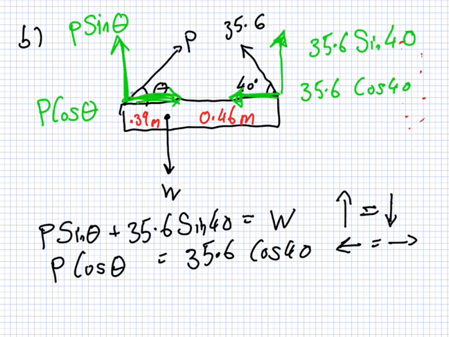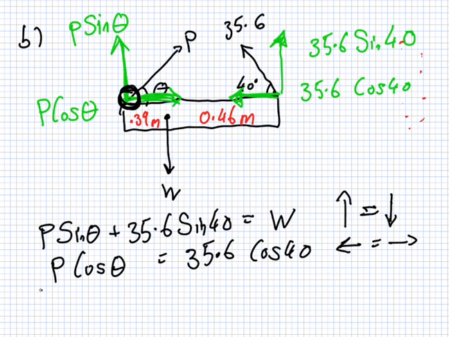I will take this as my turning point. How many forces do I need to consider if I take this as my turning point? Two. Which two? The W and 35.6.